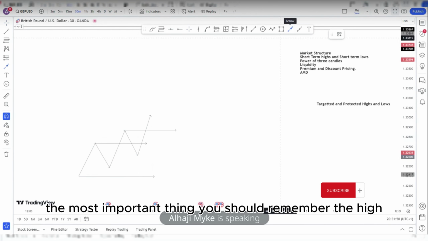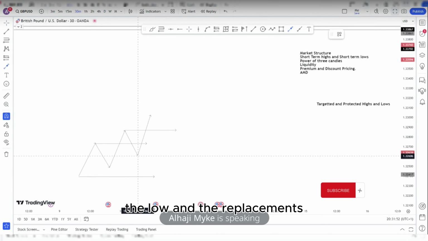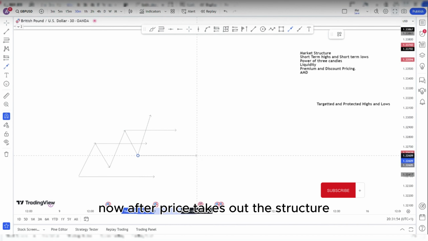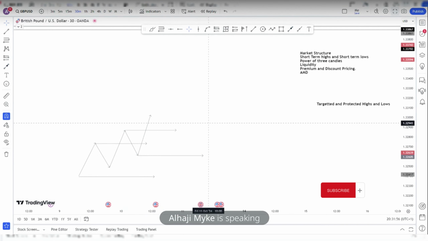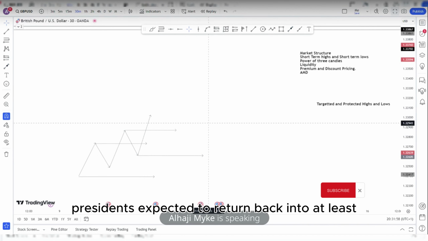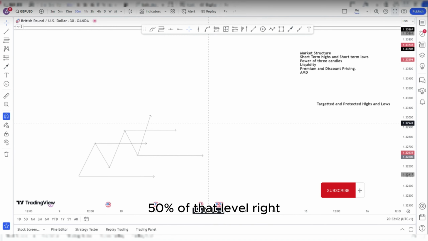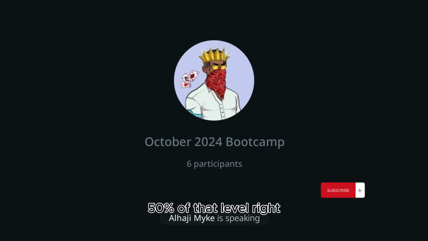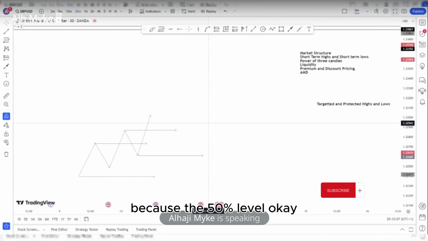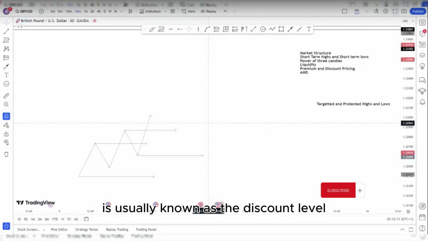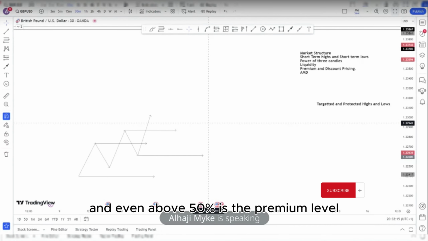In everything, this is like the most important part. The most important thing you should remember: the high, the low, and the retracement. Now, after price takes out the structure, the general rule is that price is expected to return back into at least 50% of that level, right? Because anything below 50% is usually known as the discount level, and anything above 50% is the premium level.